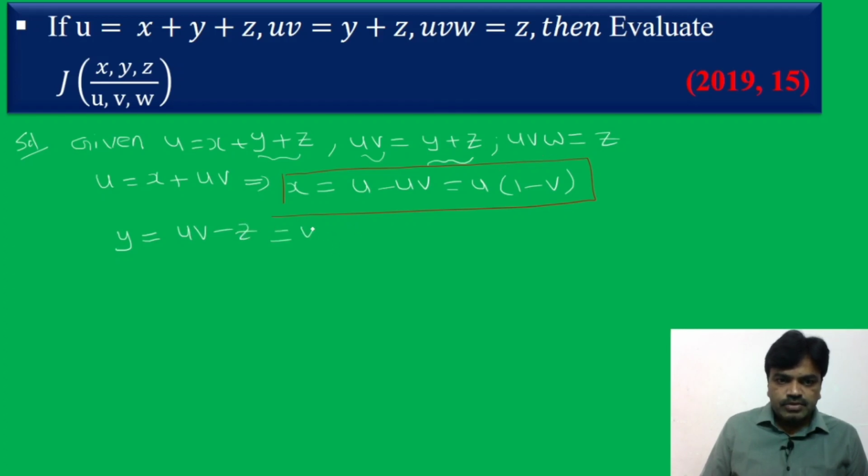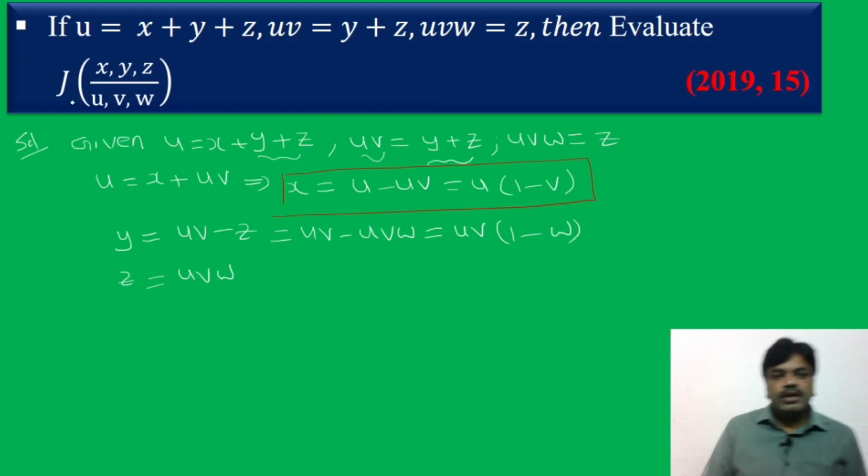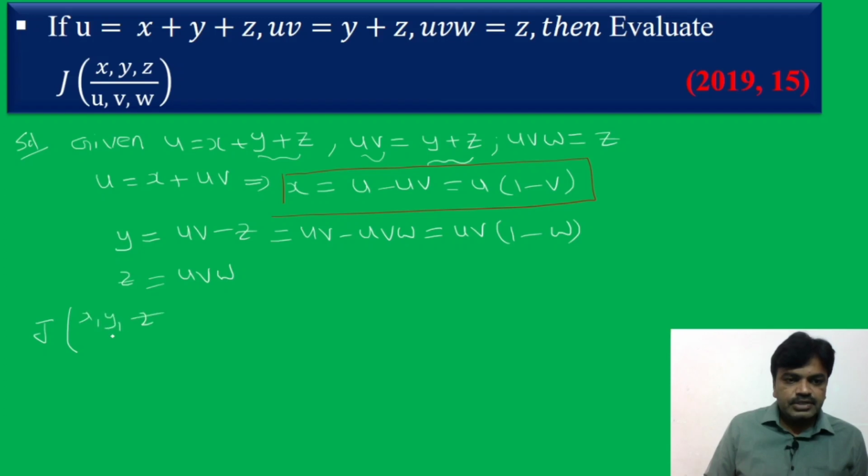Z is uvw. So uv minus uvw, taking uv in common, we get uv into 1 minus w. And the z value is uvw. Now write J of x, y, z by u, v, w.